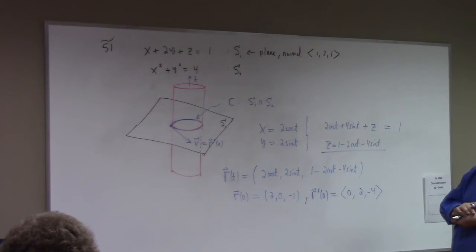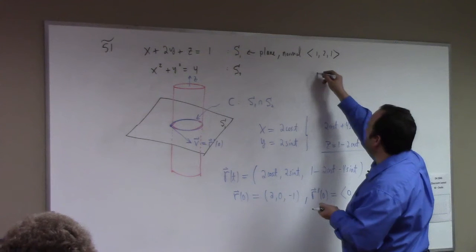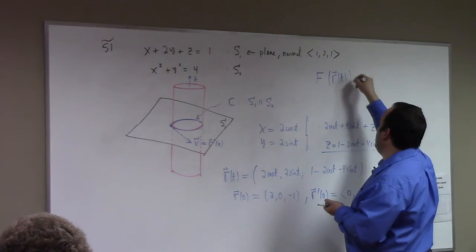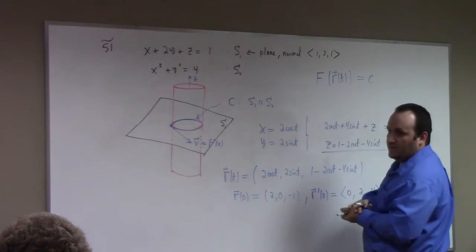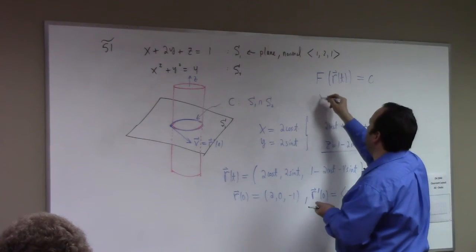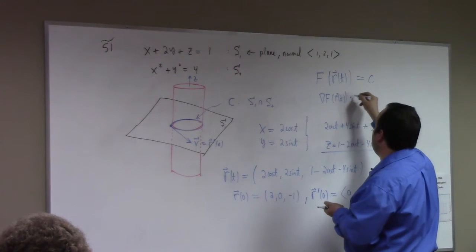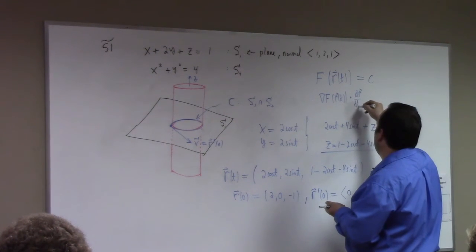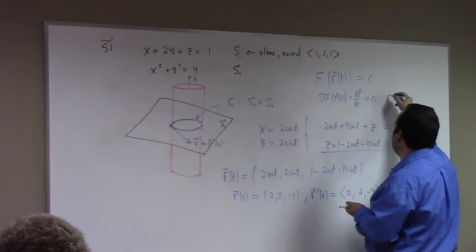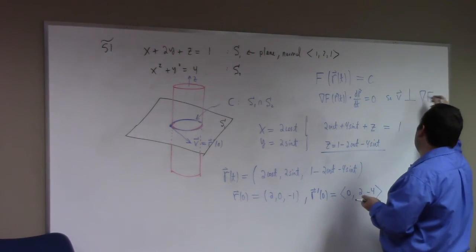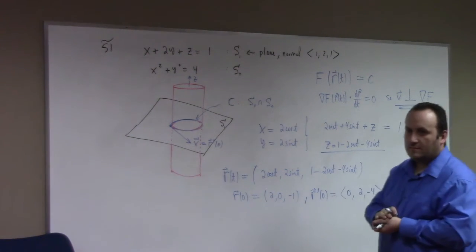What did we learn about, if we have a level function, right, and we take a path which satisfies that level surface equation? We differentiate this, what do we get? We get the gradient of f at r of t, dotted with dr dt equals 0, right? So the velocity is perpendicular to the gradient of f, right?